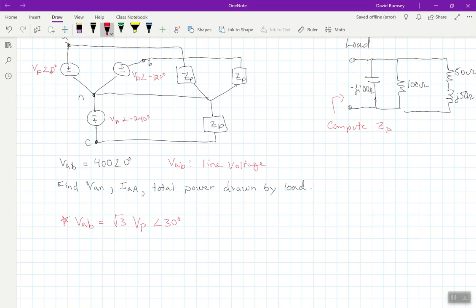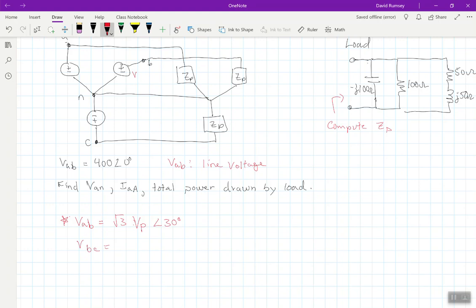Now, that's because we typically assume that this is 0 degrees. Because my line voltage is at 0 degrees, we're actually going to get something different for this. But I'm just representing that here so that we can see how I can correspond these VPs together. Okay? So if I'm looking at VAB, it's the square root of 3 VP at an angle of 30 degrees.